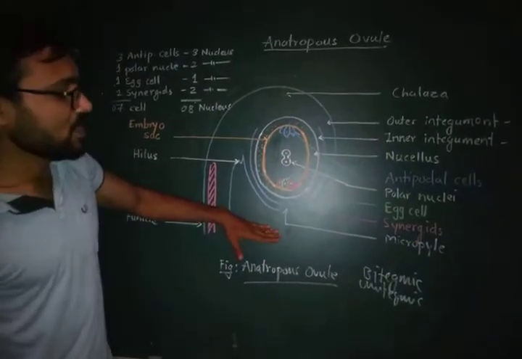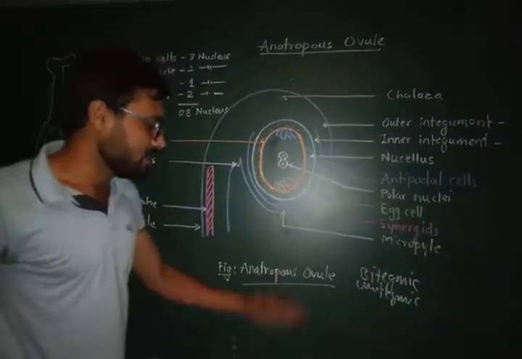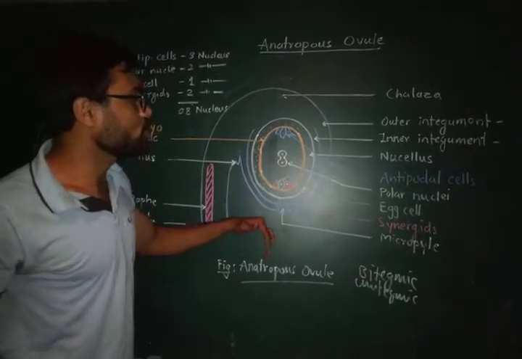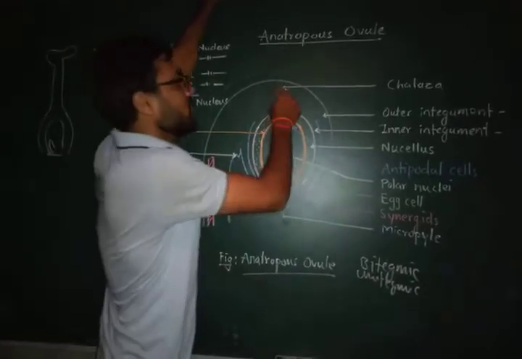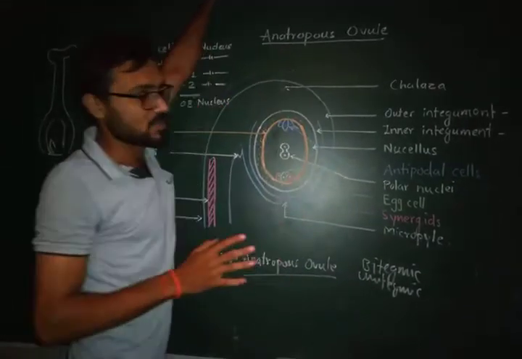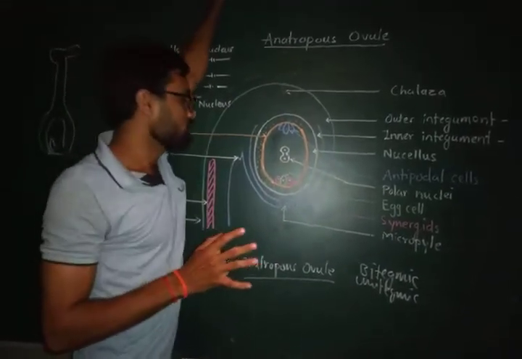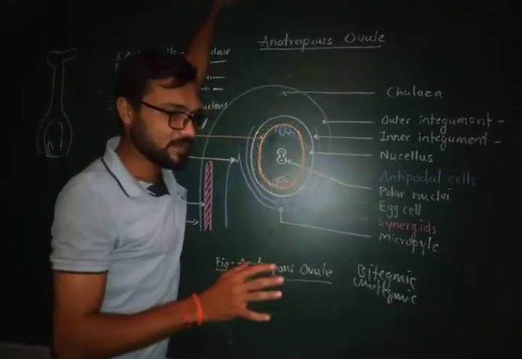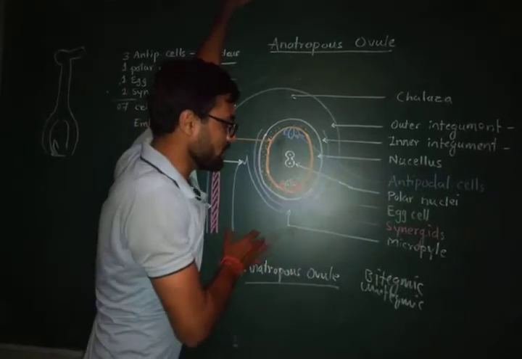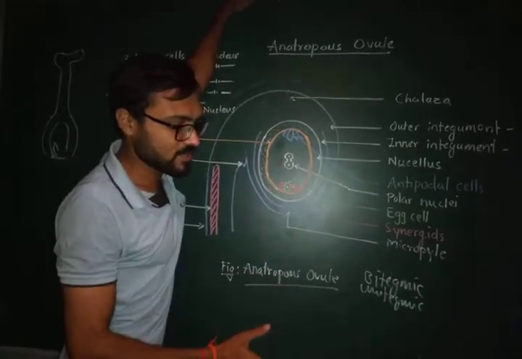If the micropyle is present at the lower end, this is called the geotropic condition, while if it is present at the upper end, it is the phototropic condition. In 80% of angiosperms, the micropyle is present at the lower end, that is towards the earth.